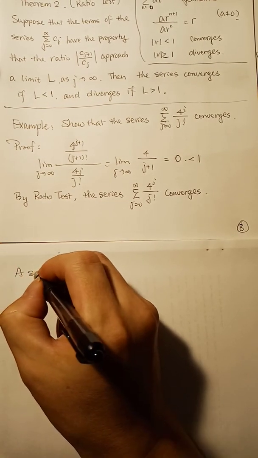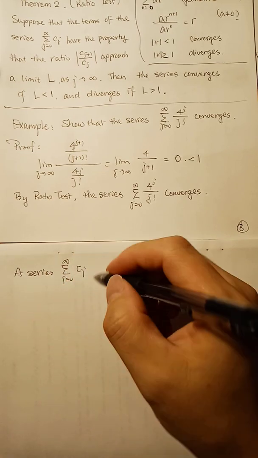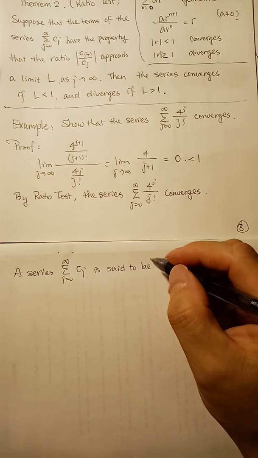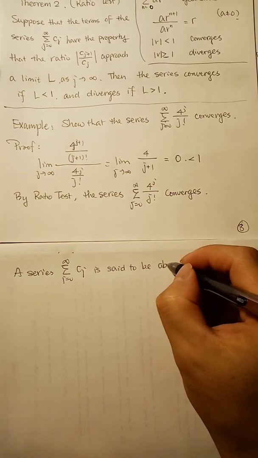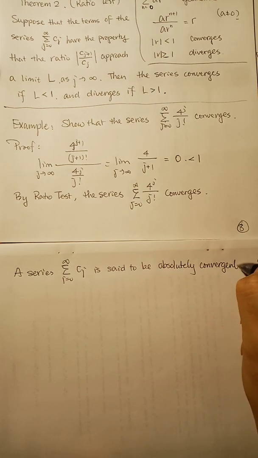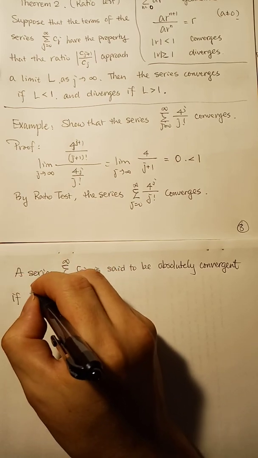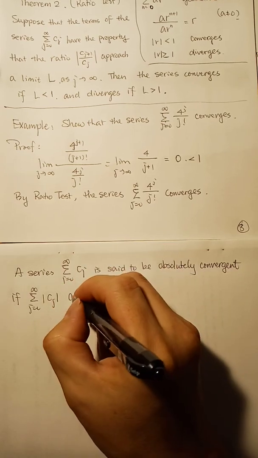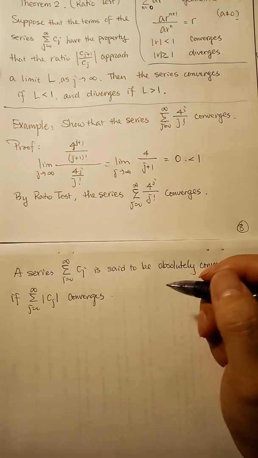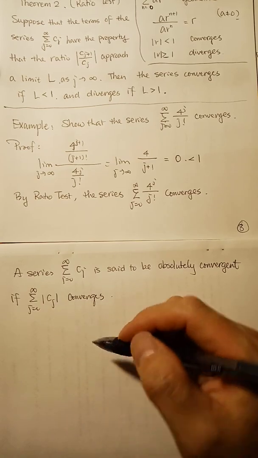A series is said to be absolutely convergent if the other series, the series with absolute value of Cj, converges.